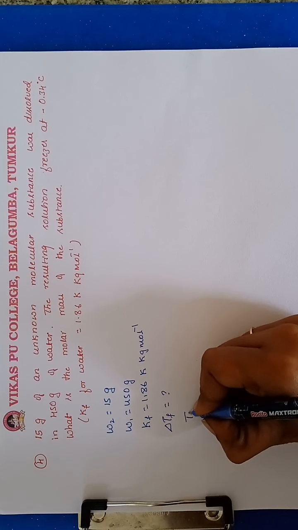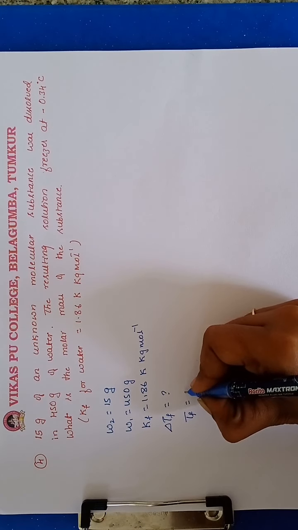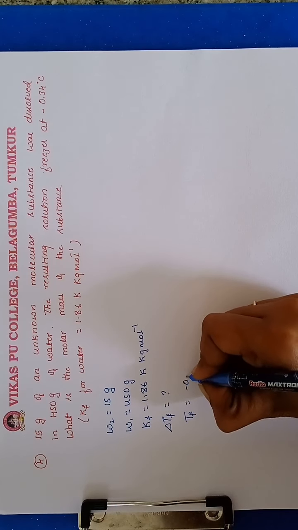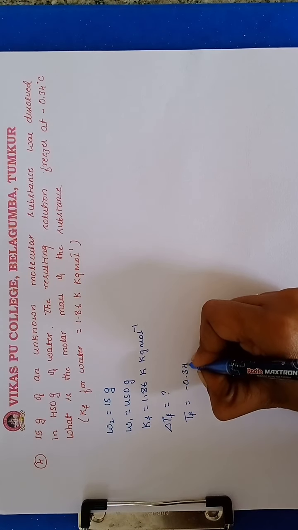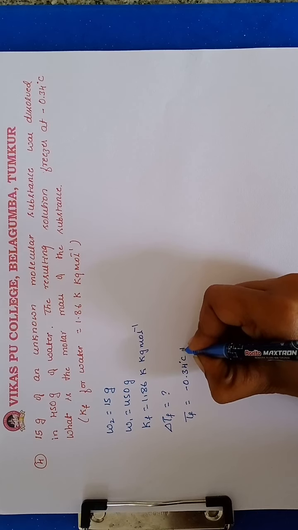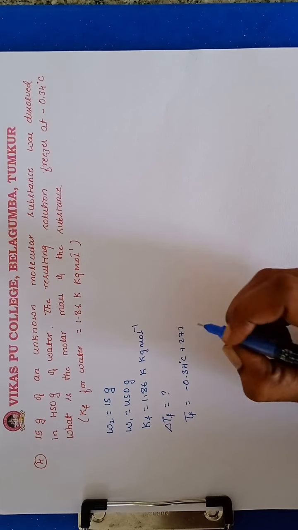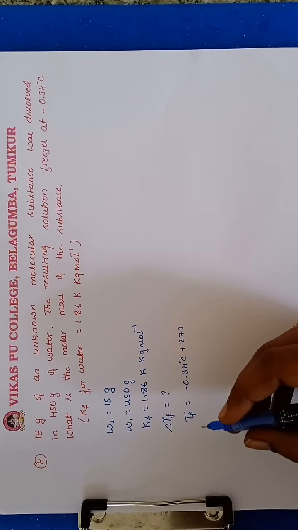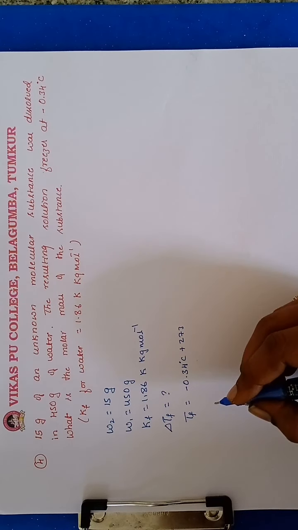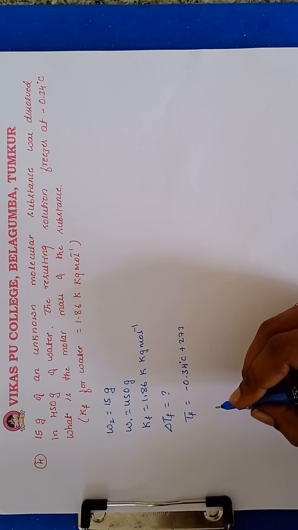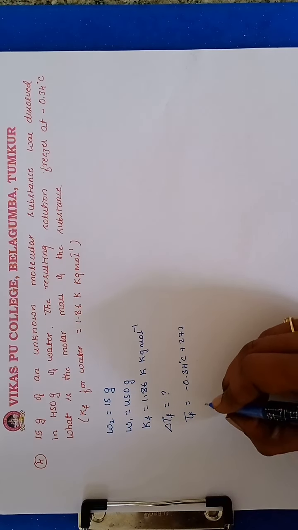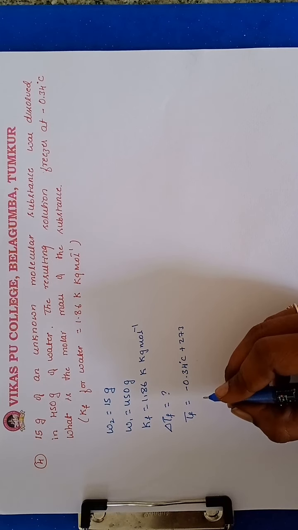Then Tf is what they are given, minus 0.34 degree Celsius, plus 273 if we need to convert into Kelvin. Otherwise we can take it directly in degree Celsius only.